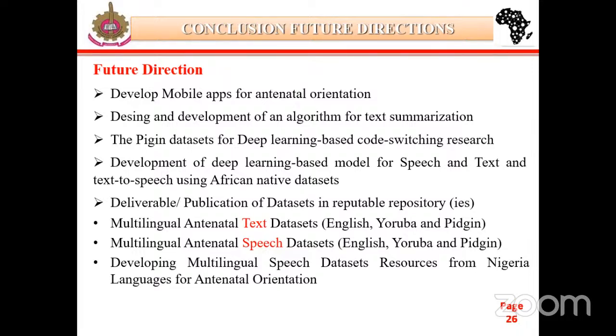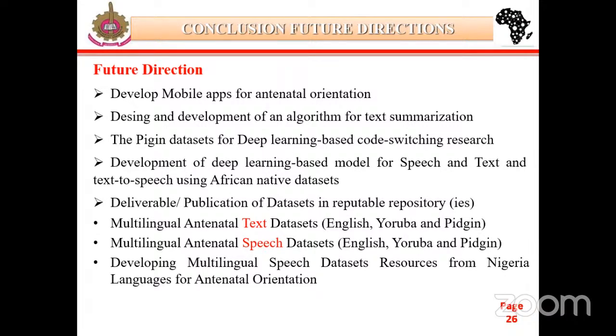The deliverables are publications of this work. So we are hoping to publish the multilingual text data set, which comprises English, Yoruba, and Pidgin, as well as the speech data set produced by this work, in a reputable repository.